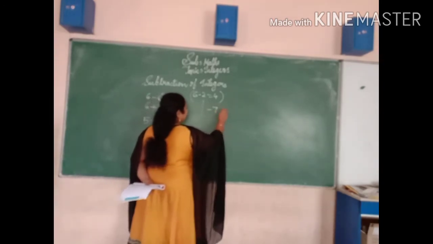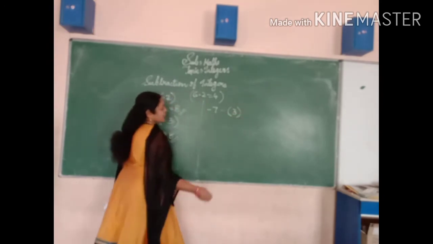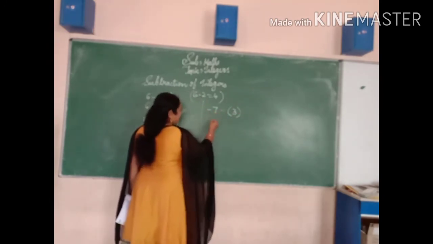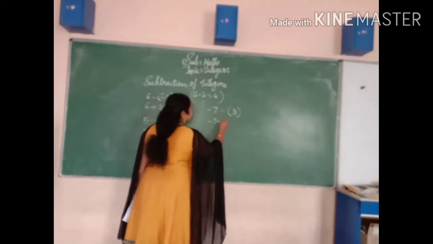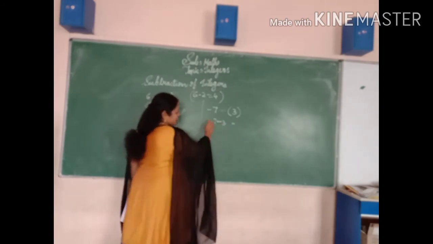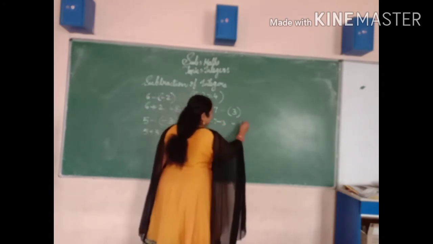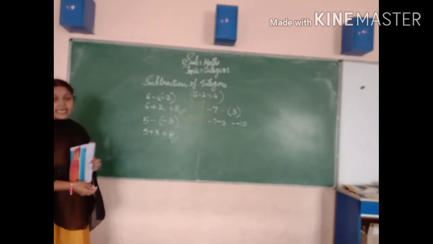Minus 7 minus 3. Okay. So here it's minus 7, minus into plus, minus 3. Minus of minus 7, minus of minus 10. It is minus 10.